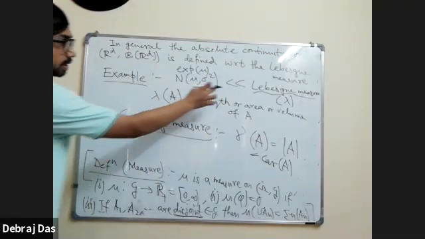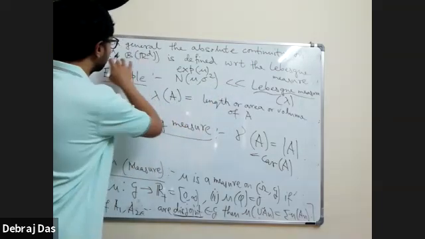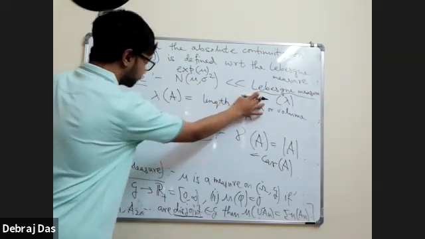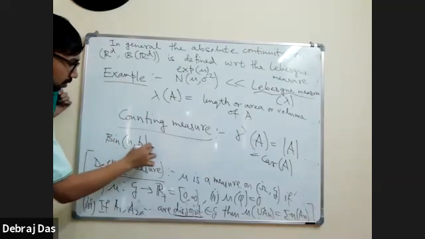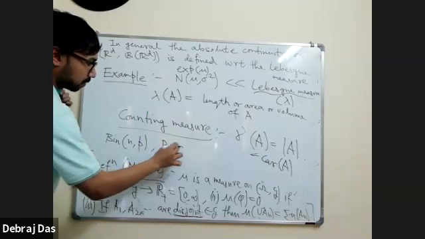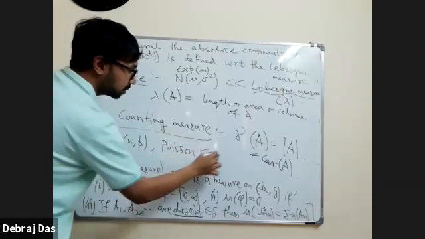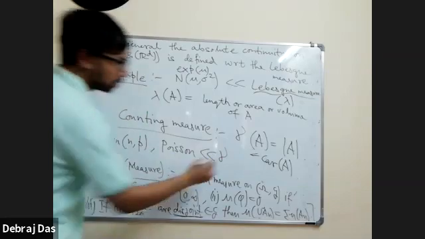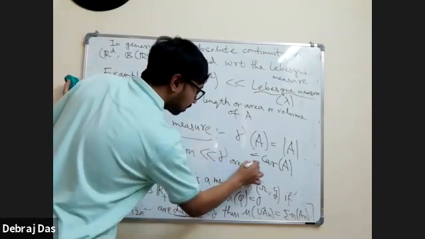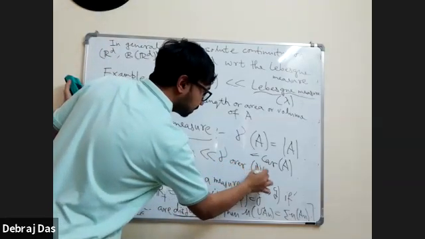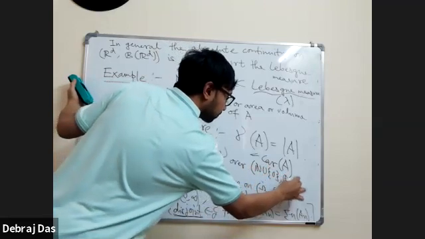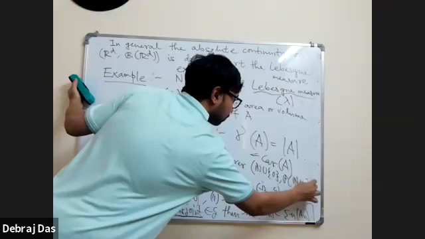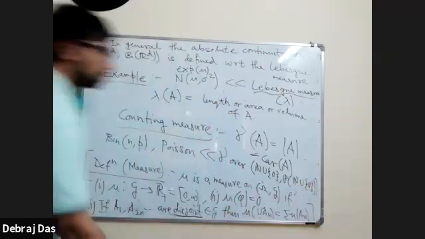So whenever you are saying absolute continuity on R^d, B(R^d), then it is the Lebesgue measure. But the binomial(n, p) or the Poisson are all absolutely continuous with respect to gamma over this space. Okay.